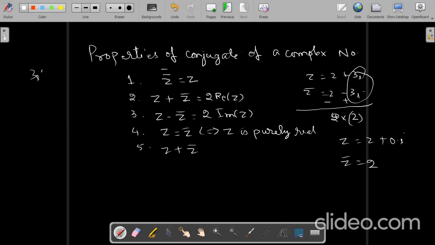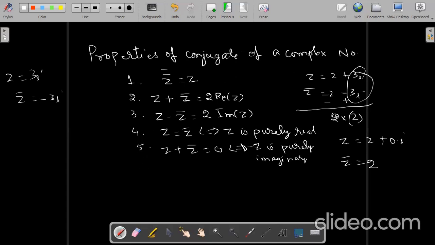Z is 3 iota, and its conjugate will be minus 3 iota. If you add them, you will get 0. So if the sum of the complex number with its conjugate is 0, then z is a purely imaginary number. Only the iota part will come, the real part will not come.